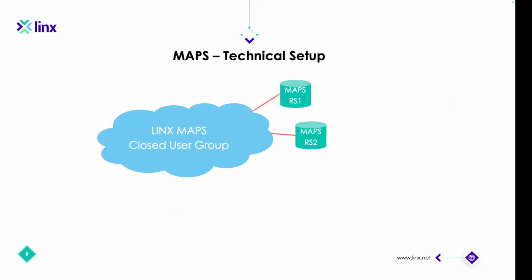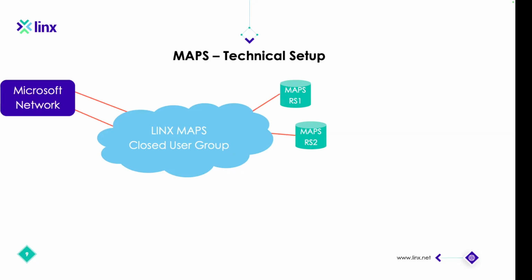That closed user group has two root servers connected to it that are, again, dedicated to the Maps setup. They are not in use for anything else. And as I mentioned, there's two of them. We host them in different sites on our network for maximum resiliency.